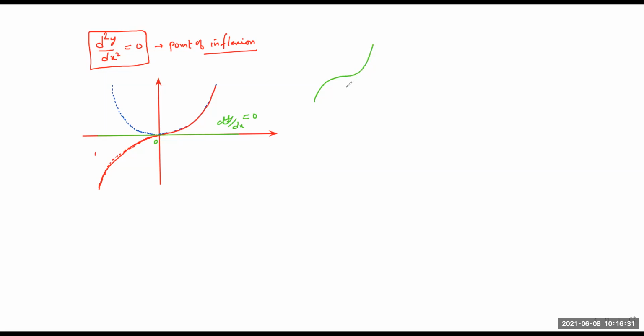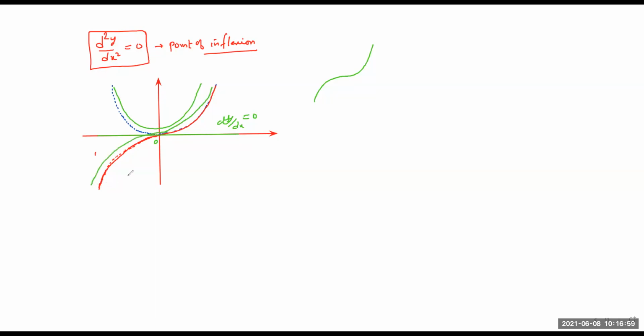So when a curve is changing the direction of its slope, it's changing from concave to convex, or convex to concave. We say concavity or convexity. The earlier graph was concave up, but now it is suddenly concave down.